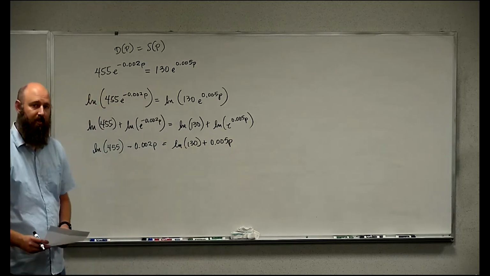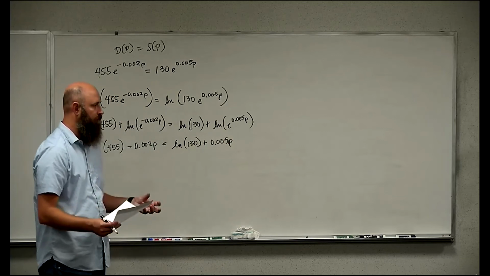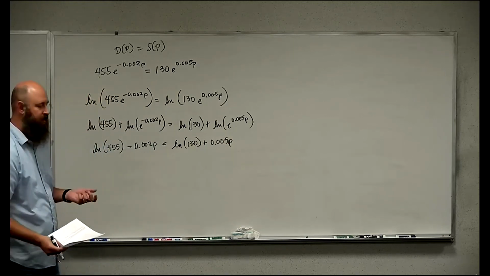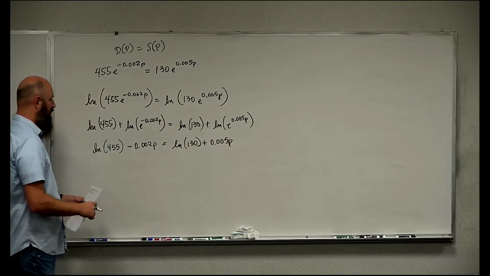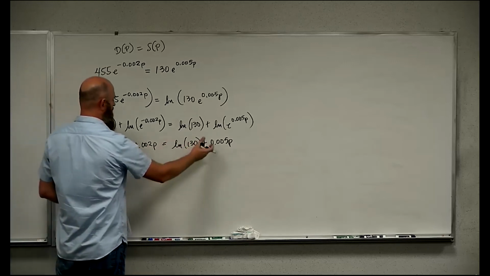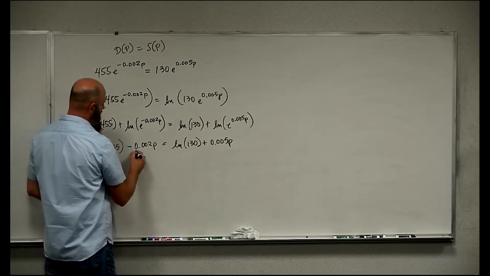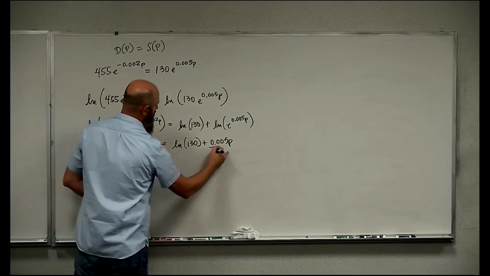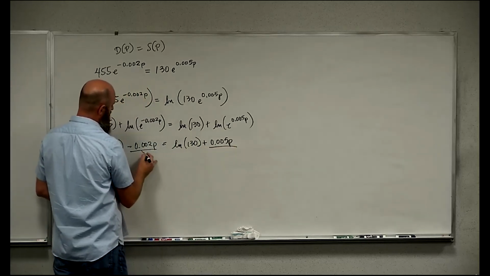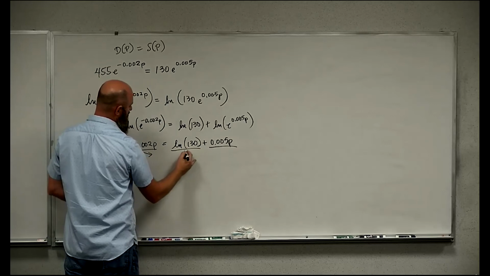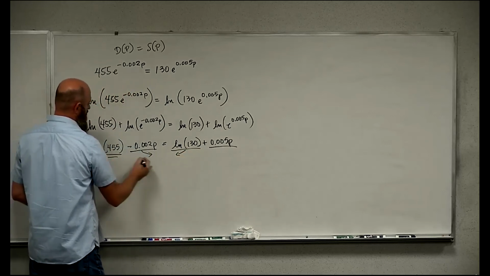So by doing that little split, I was able to get rid of the ln and e on those specific pieces. Well, now we have our variables down where we can combine them. So I want to move this over with this one, and that means I also want to move this one over with this one.